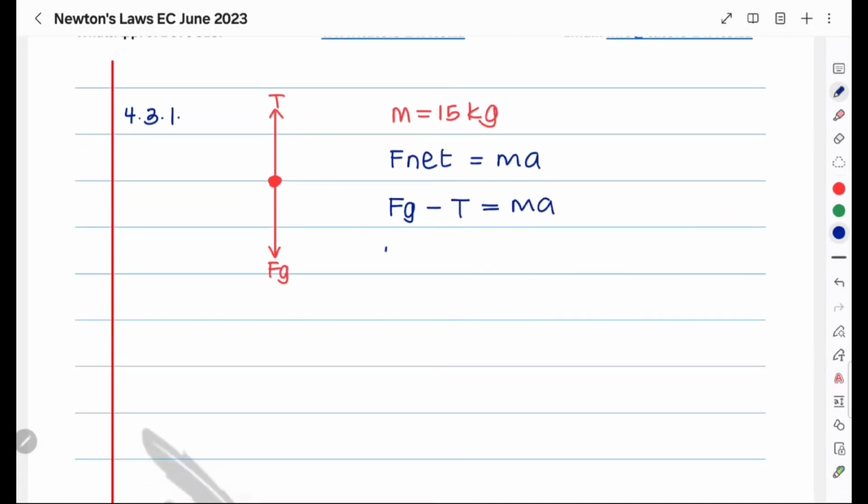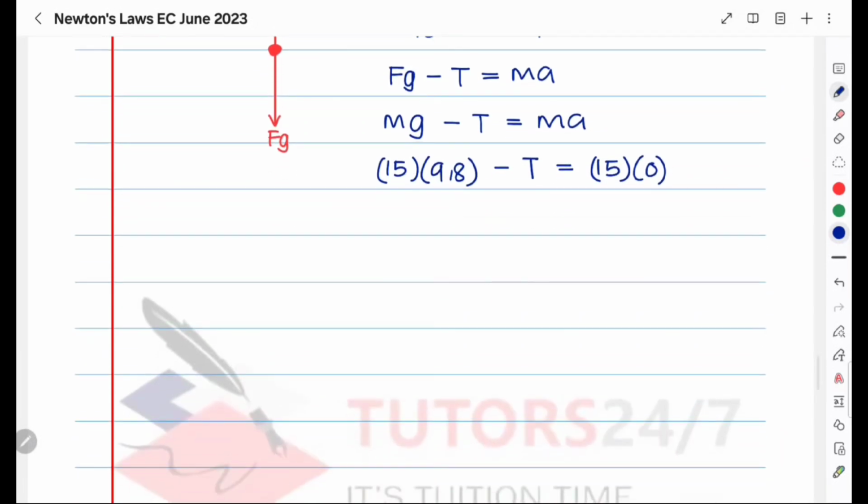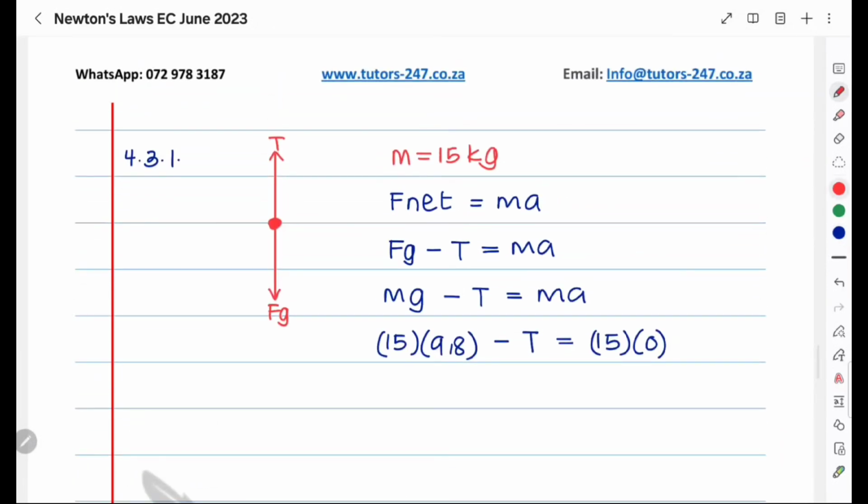We can break up gravitational force into its formula mg. We can substitute, so that is going to be 15 times 9.8. Take note that g is a constant, and then 15 times 0. Take note that acceleration is 0. We've previously discussed this.